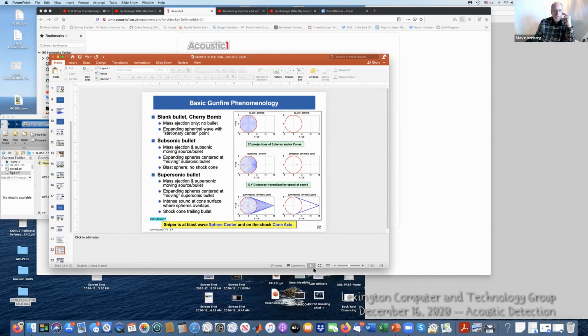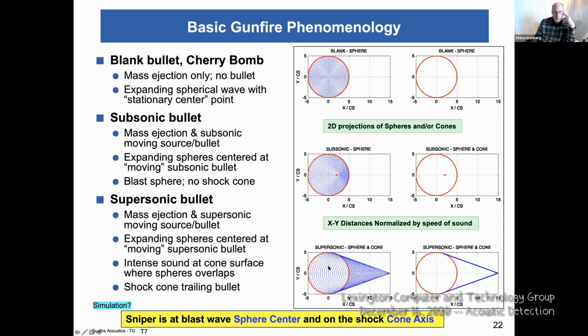So is it true what you're saying that there are two sounds that are coming from that supersonic bullet? First of all, there is the muzzle blast sound that emanates from where the gun was. And then there is the sound of the bullet as it rips through the air, which means that since it's traveling faster than the speed of sound, if the bullet passed by you, you would hear it after it passed by you from its motion through the air.